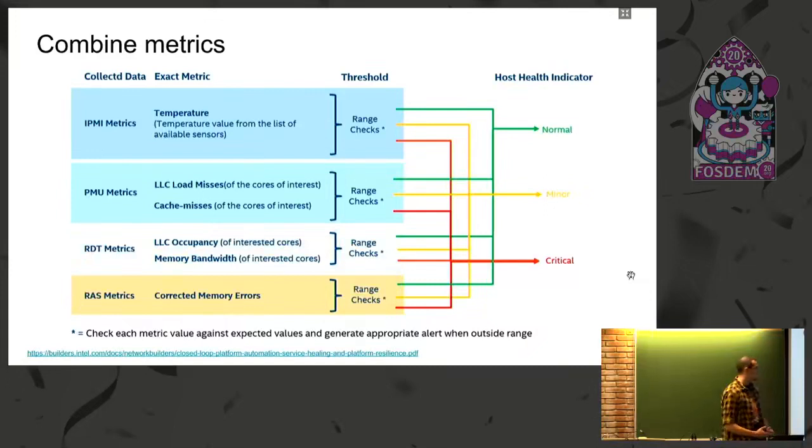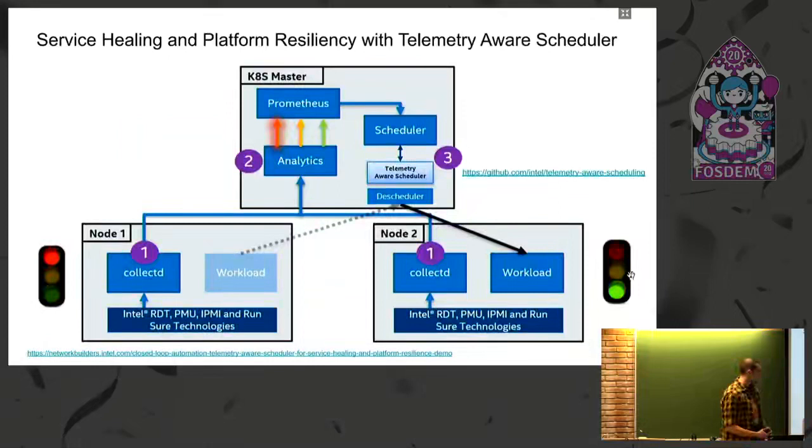You can also watch, for example, temperature headroom to prevent any CPU throttling, or you can watch for the last level cache occupancy or memory bandwidth to prevent any noisy neighbor impacting or affecting your workloads. You can combine all of those metrics into some similar indicators about the health of your platform or a compute node, which leads us to the second proof of concept that was doing actually that.